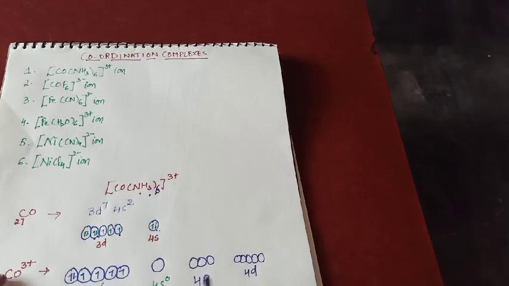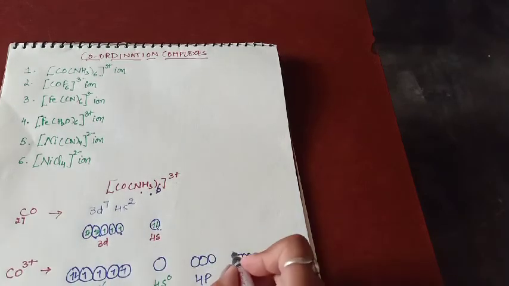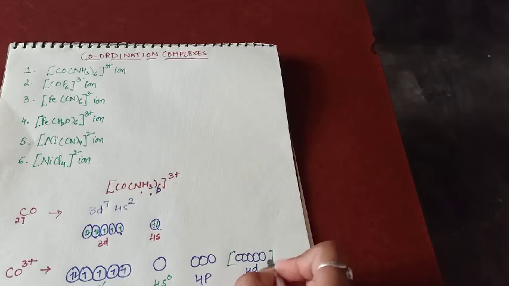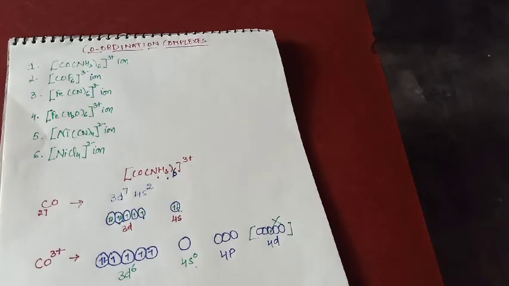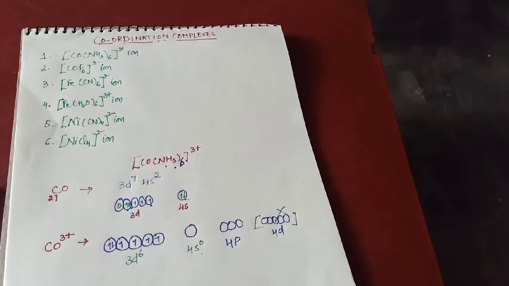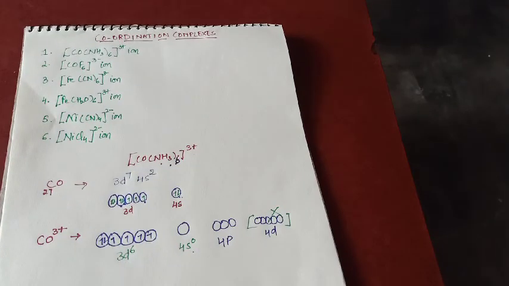That will be 4d. Okay, but this is not so. These outer orbitals are not involved. Okay, so what are the orbitals which are involved? That will be the inner orbitals in this case. Okay, so how the inner orbitals are involved, that is our question.